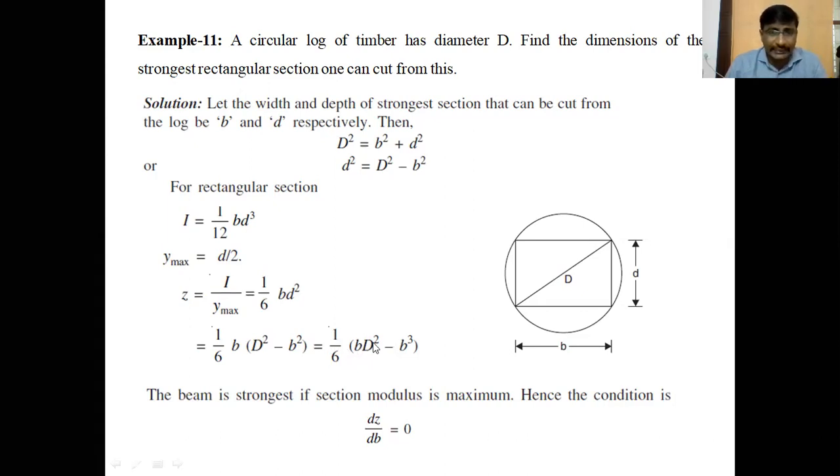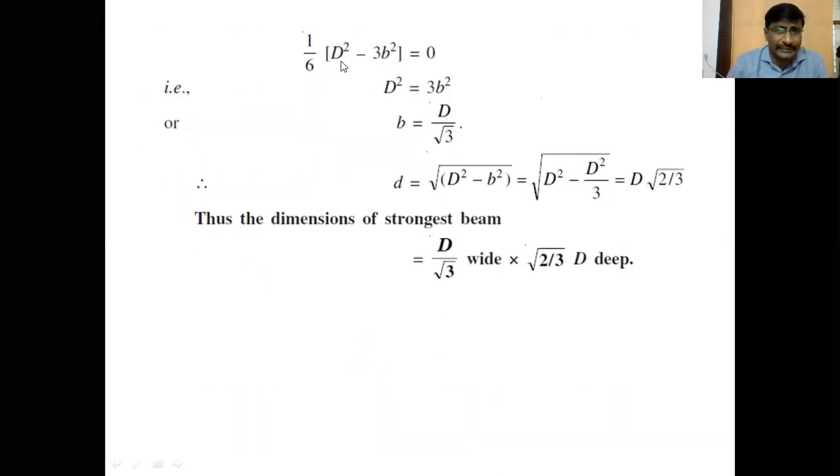For b cubed, the differentiation is 3b squared. So 1 by 6 (D squared minus 3b squared), then equate to 0. D squared minus 3b squared is equal to 0, since 6 into 0 is 0. Therefore D squared is equal to 3b squared.